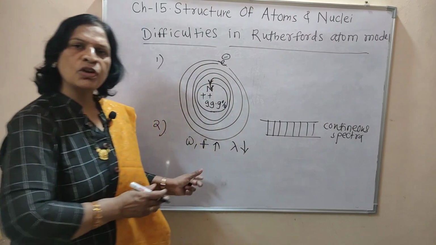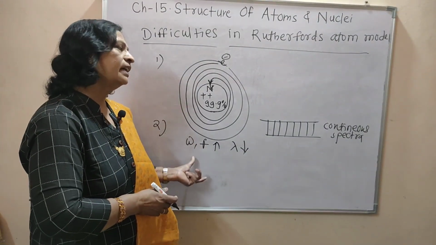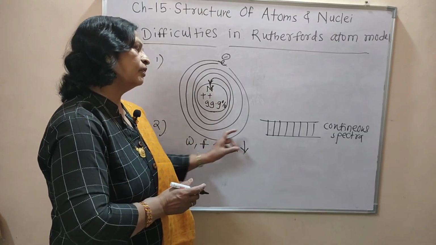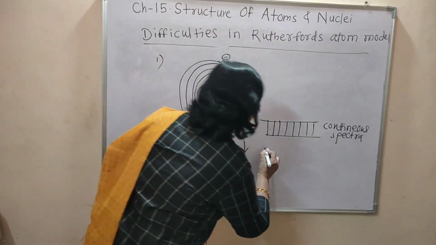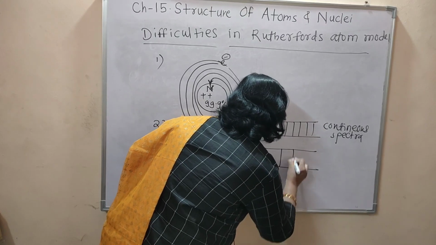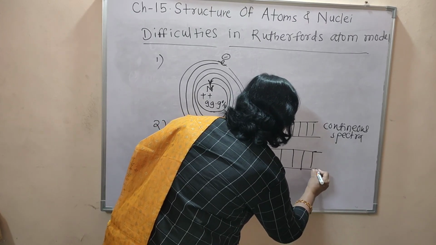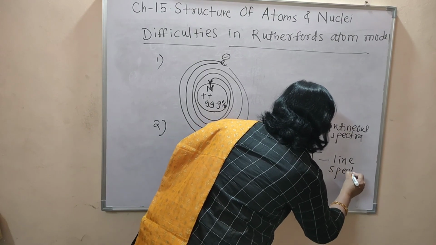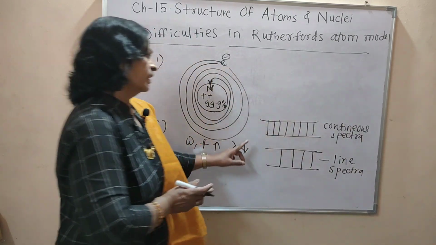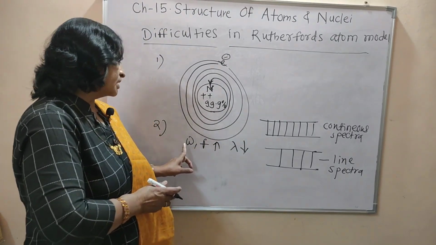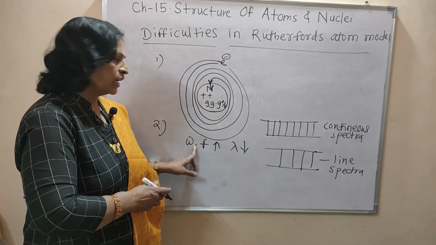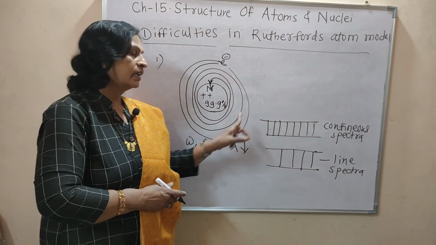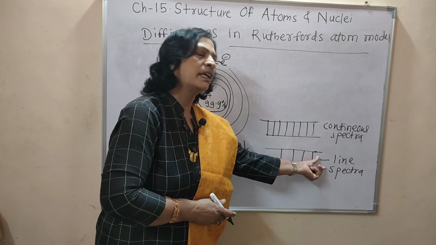But what is the actual fact? In actual experiment, the atom gives a line spectrum of particular fixed wavelengths, which is not in agreement with the prediction. With constantly increasing frequency or angular velocity and decreasing wavelength, the model gives a continuous spectrum, but in actual fact a line spectrum is there.